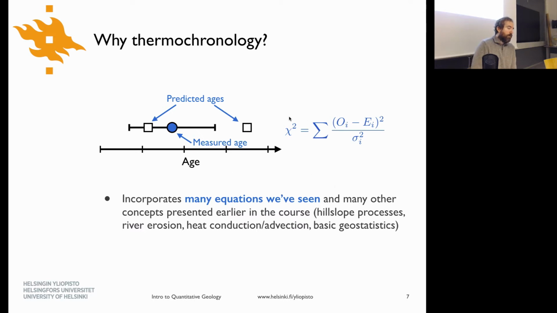So again, we're going to be dealing with this with the thermochronology data, because often what we have is a measured age that has some mean value and a standard deviation, and we can then come up with a model where we can predict a value for an age and see how that age compares to an observed age. So we're going to take some data from a few papers, and then we're going to fit our observed ages with the model and see how well we can do.